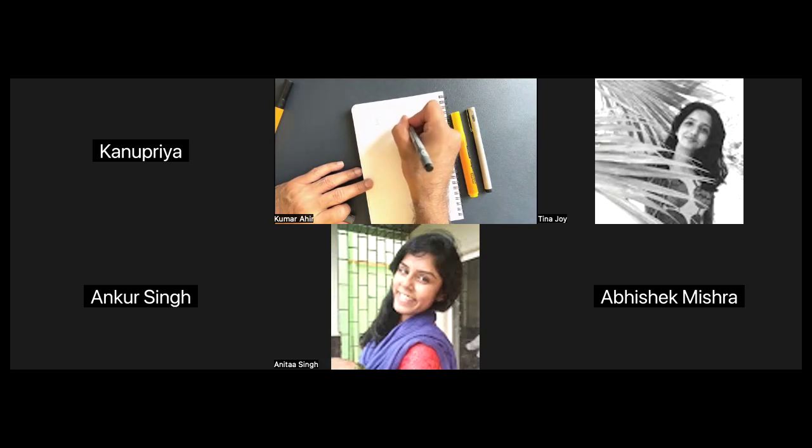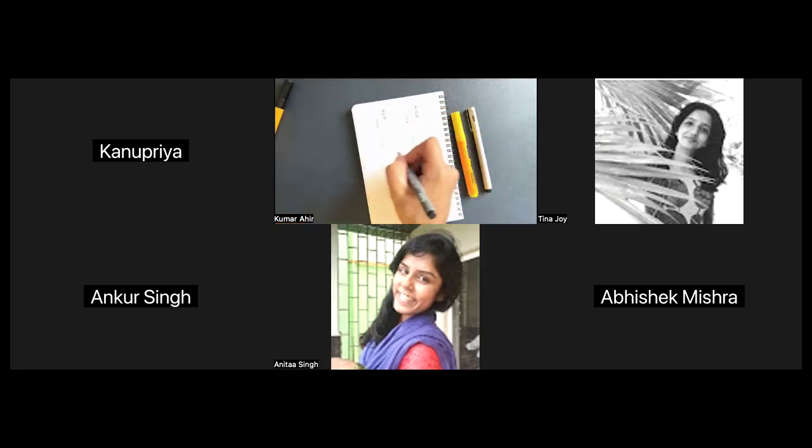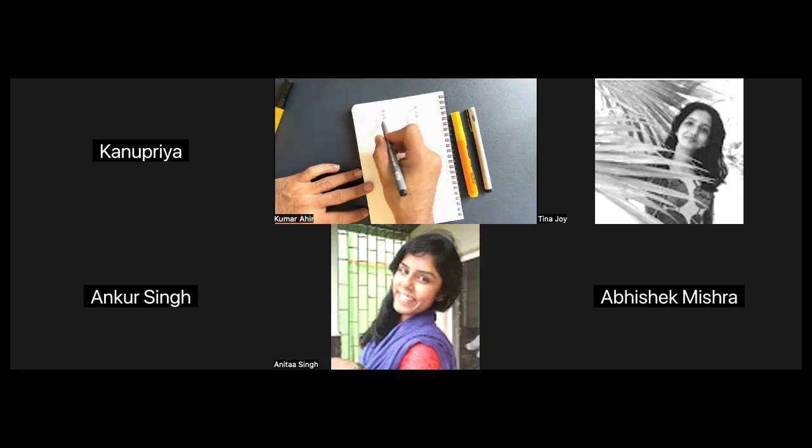For simplicity, call them A, B, C, D. So A creates an empathy map for B, C, and D. And similarly, B creates for A, C, D, and the same goes for C and D. Once that is done, they share all of the empathy maps that were created. Whatever is created for C by A, B, and D is given to C. And that's how they go through it.